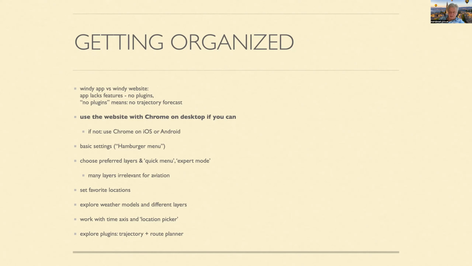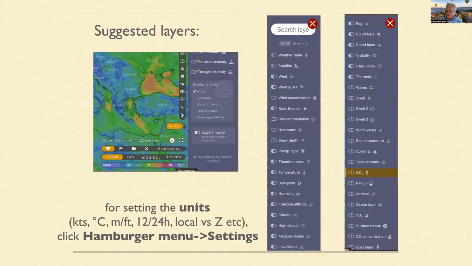We'll work with the time axis and the location picker. You remember when I talked about the organization of data layers, by location and by time, it gives you an aspect. So working with the time axis and the location picker is important. And we'll work one example of a plugin, which is the trajectory plugin. Okay, now I'm assuming we have an account, and we'll go through the interesting layers.